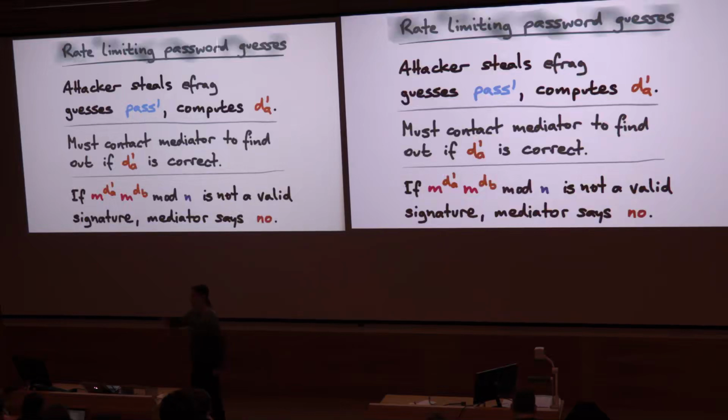So it still has to make a request to the mediator for every single password guess. And this allows the mediator to perform rate limiting then. And it can say that after some number of guesses, it's going to restrict your guesses to 1 guess every 10 seconds. And then even if you have a pretty weak password, it's actually still going to give the user a really long time to revoke the key.